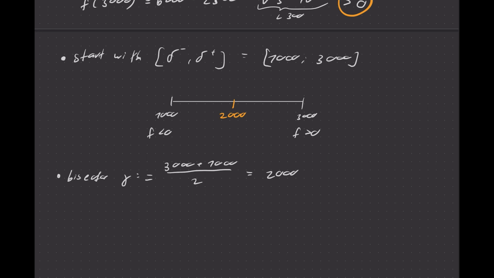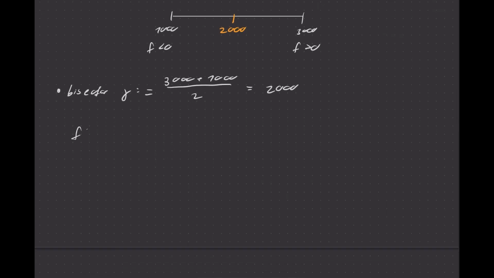So what do we do? F of 2000, well, that's 2 times 2000, that is 4000, minus 2500, minus the third root of 2 squared times 10 to the 6.